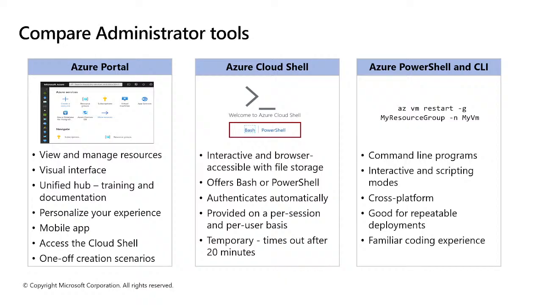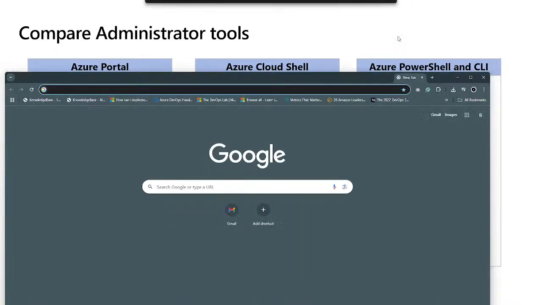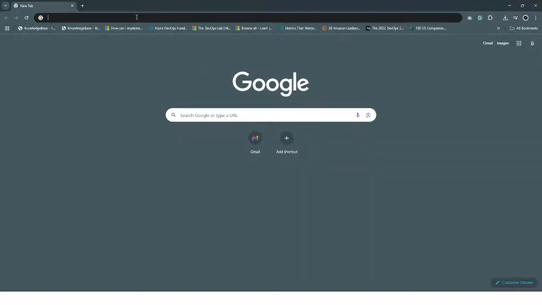You have this unified hub for training and documentation. So every resource you are on can actually take you to a learning link where you can learn about that particular resource. So I'm just not going to continue reading from that particular script.